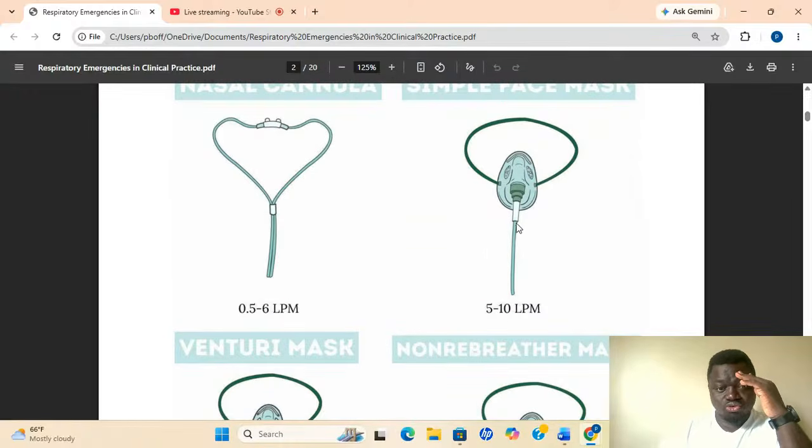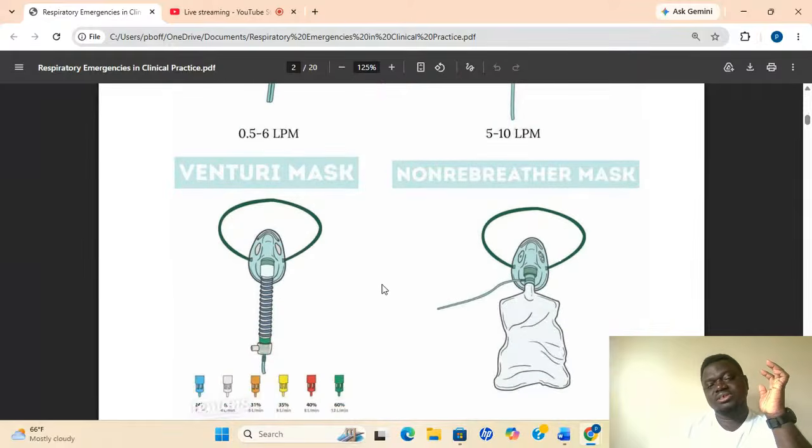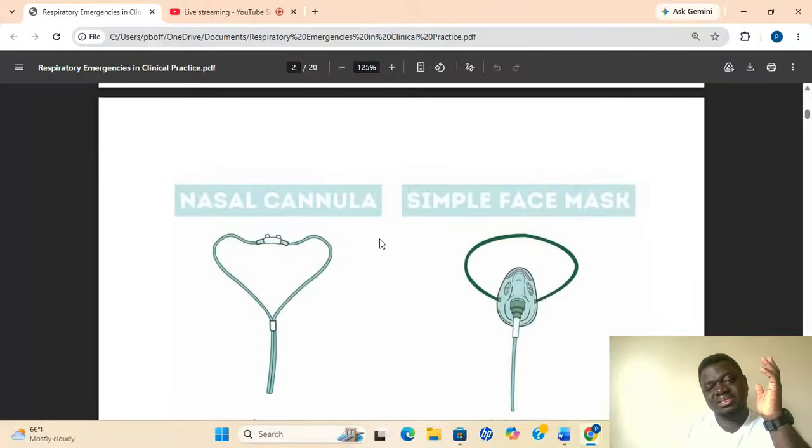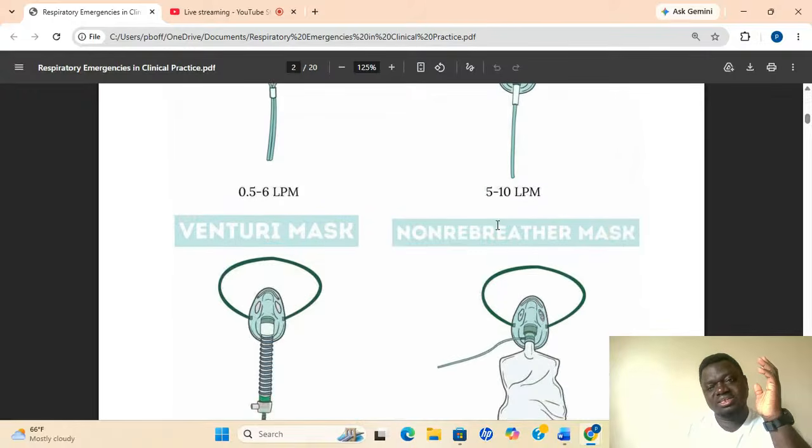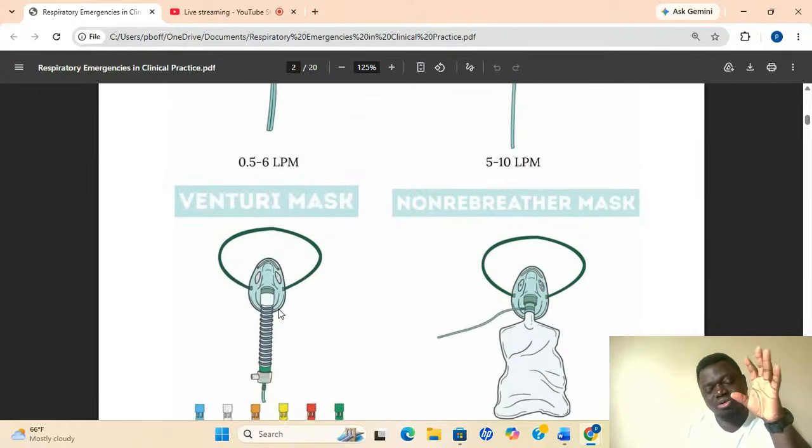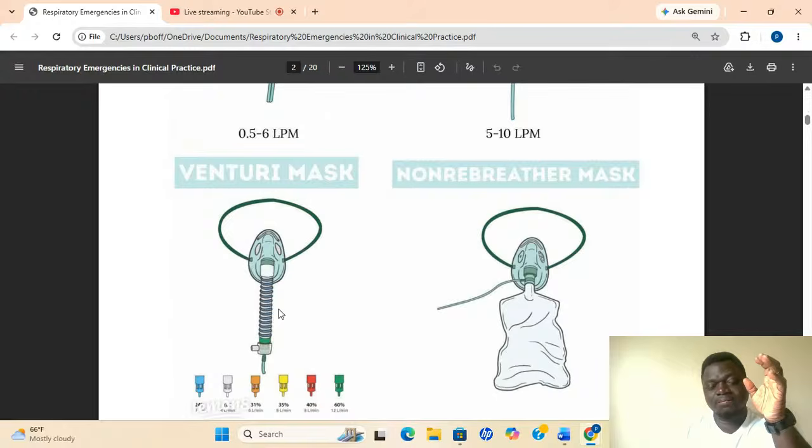Most times, the simple face mask will be punctured here, but if you look at the Venturi mask, instead of the puncture, they have cut it off in all these places. It looks exactly like the simple face mask, just that this one can deliver more oxygen to the patient and help with ventilation coming out.